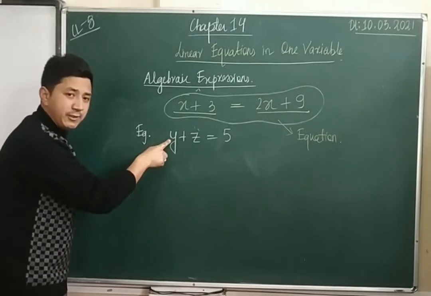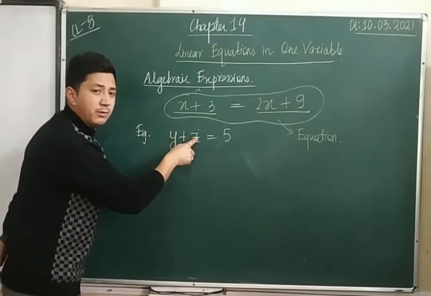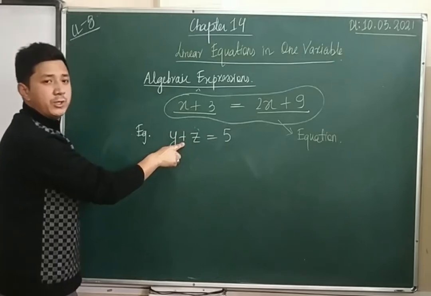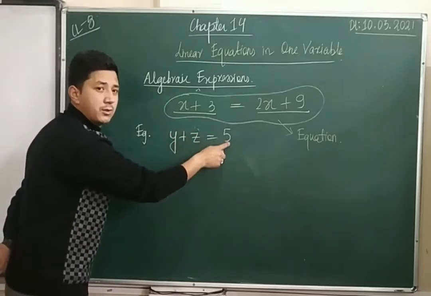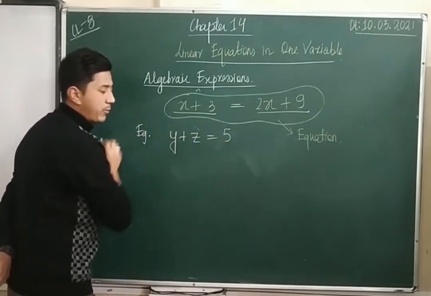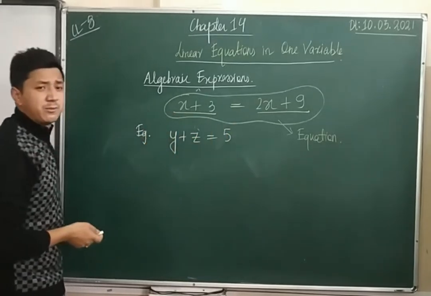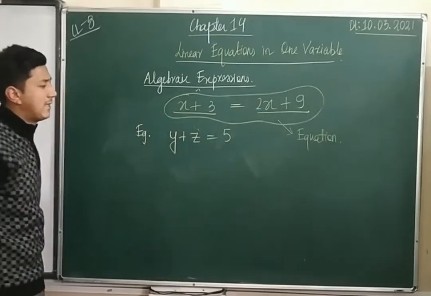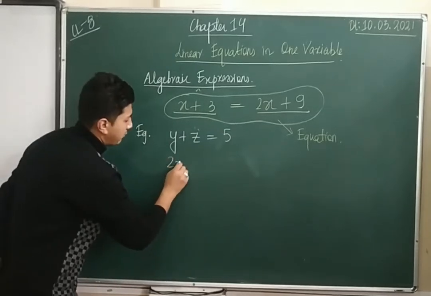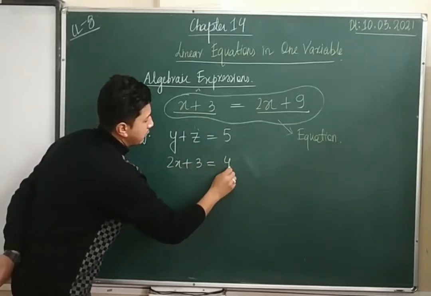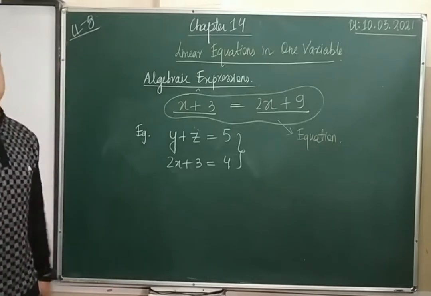Variable, algebraic operation, constant. It is an algebraic expression, so this is an equation. Suppose I give you 2x plus 3 is equal to 4. These are also some examples.